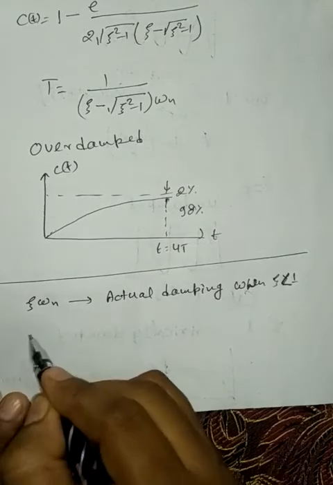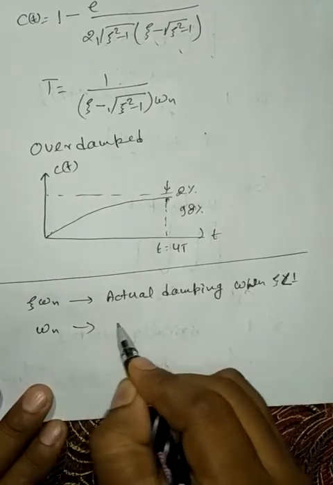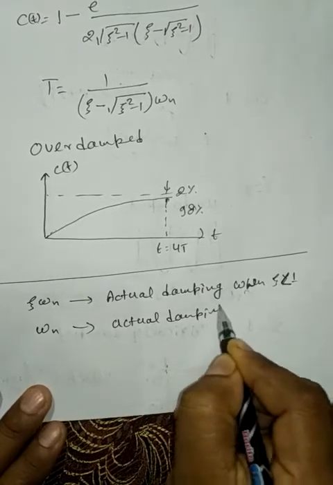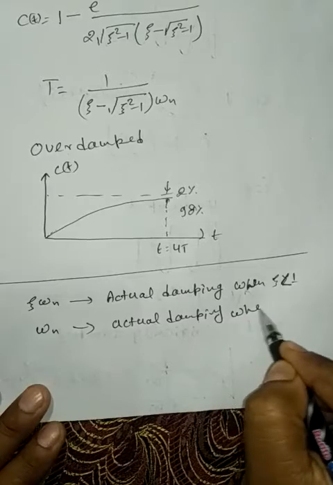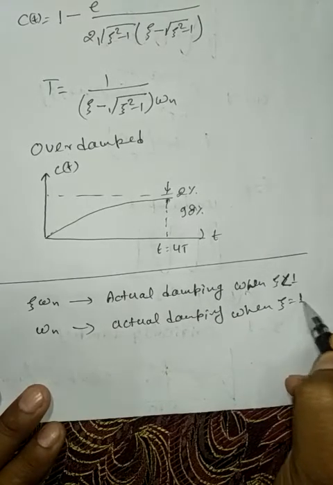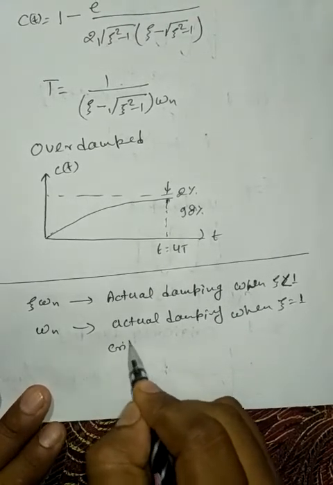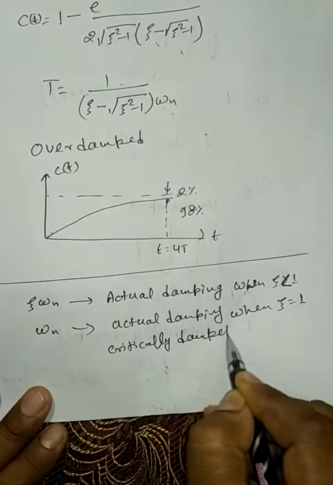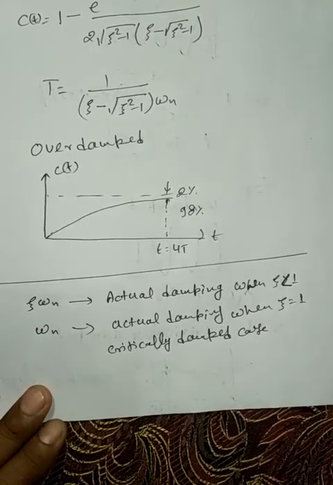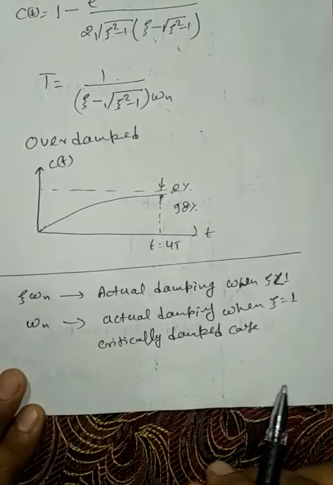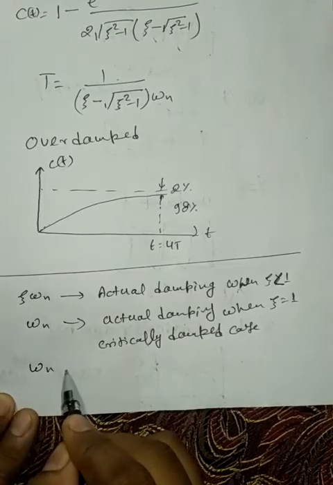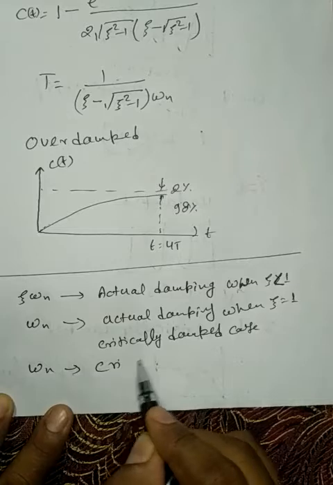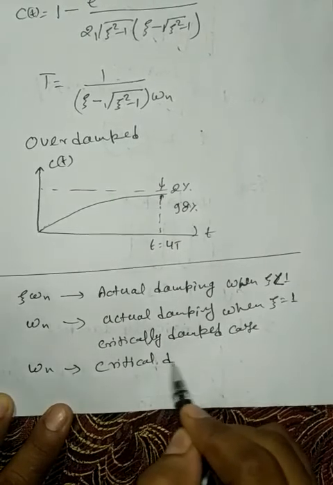And omega n is called the actual damping when zeta is equal to 1, which is the critically damped case, right? Therefore, omega n is also called the critical damping.